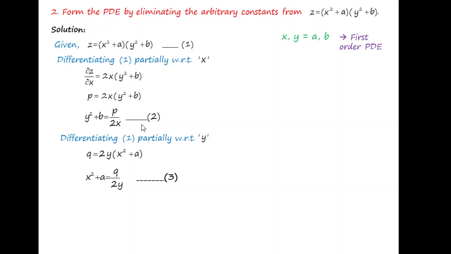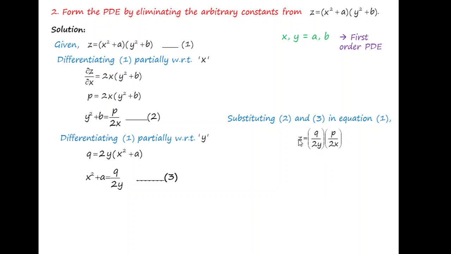Now from 2 and 3 we can see that the values of x squared plus a and y squared plus b are readily available. So just substitute these values in equation 1. Substituting 2 and 3 in equation 1, we get z is equal to x squared plus a, replaced by q by 2y, into y squared plus b, replaced by p by 2x, and in the denominator you have 2y into 2x, which is 4xy.